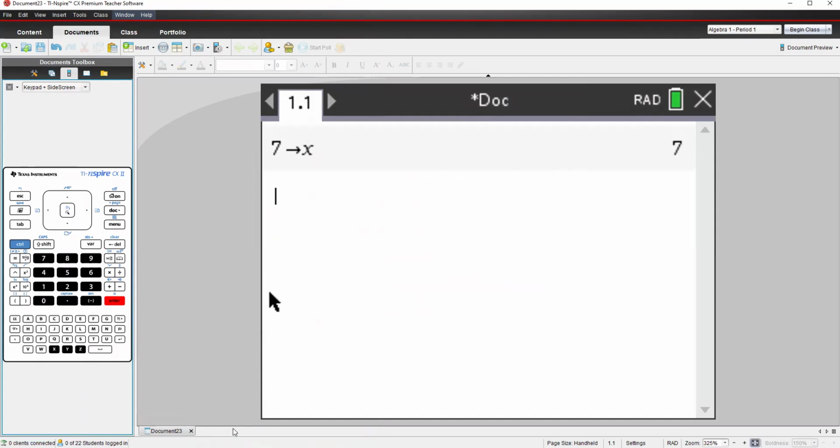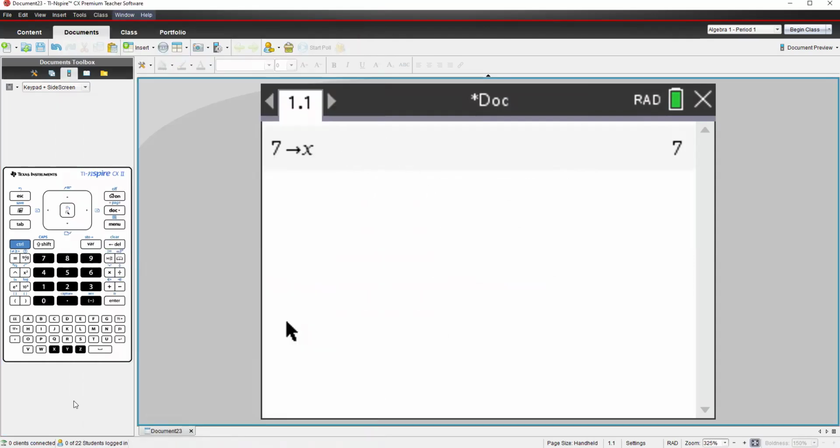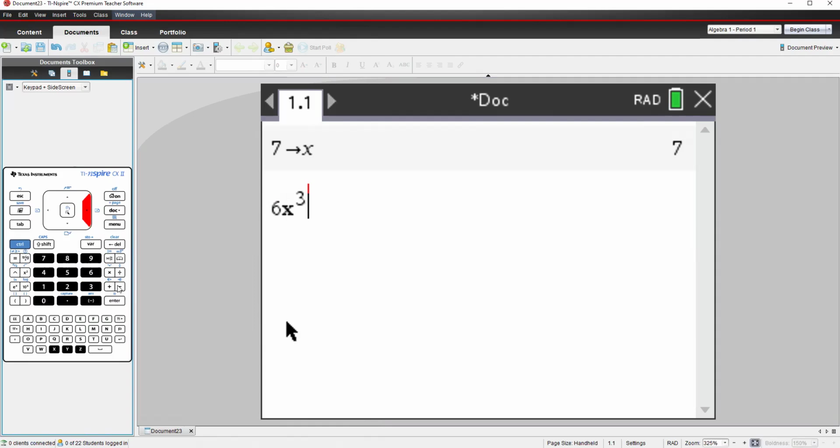And so now what I'm going to do is calculate what this is, and calculate what this is, and then subtract this number from this number. So watch what I do. This is going to be 6x to the third power minus 2x plus 8, right?